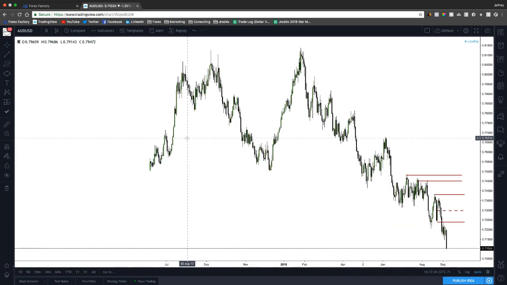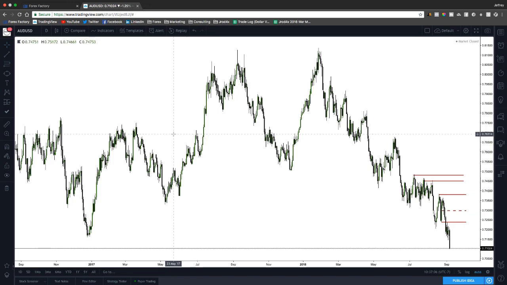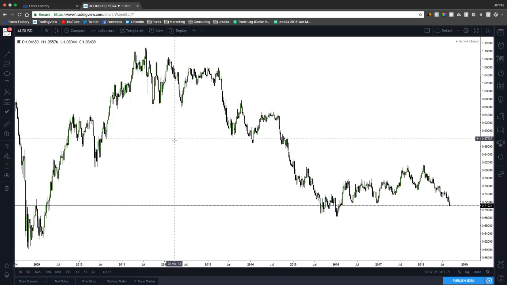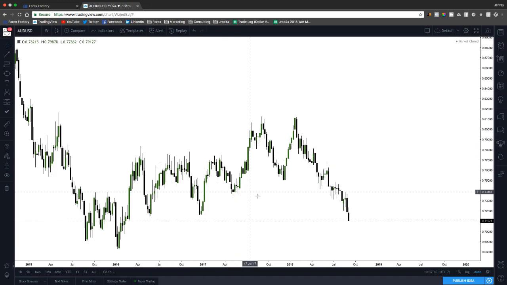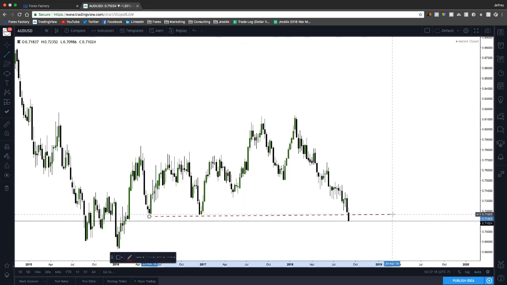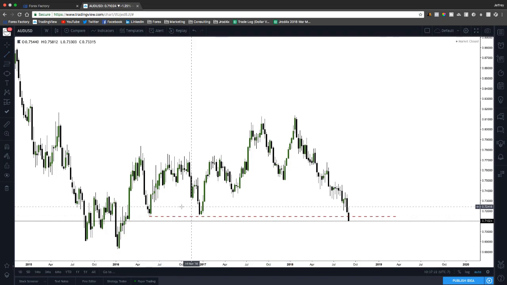Australian dollar, we had a sell-off in this thing. As you can see, this is a weekly time frame, so I just went out to a weekly perspective to take a clearer look at this. We've got relatively equal lows here.